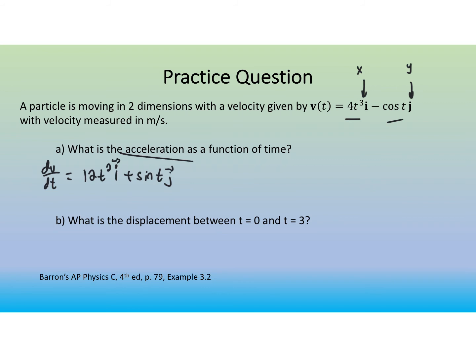Then if we want the displacement, this is like the change in position, we need to integrate that velocity. So if we want to integrate v of t, we can integrate each one of those separately. So we're integrating from t equals 0 to 3. We can integrate the 4t cubed, so that's t to the 4th power from 0 to 3 times our i vector.